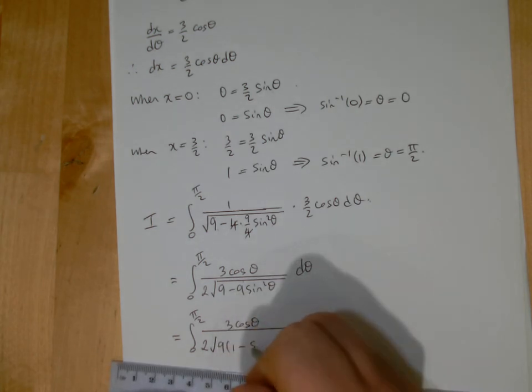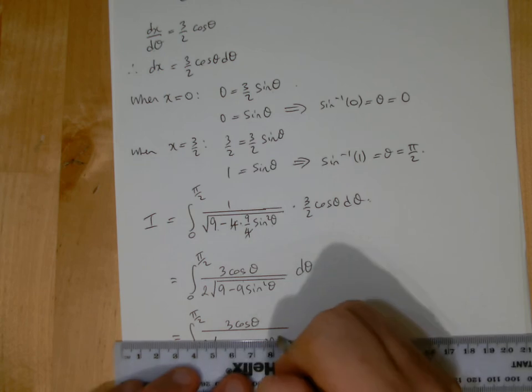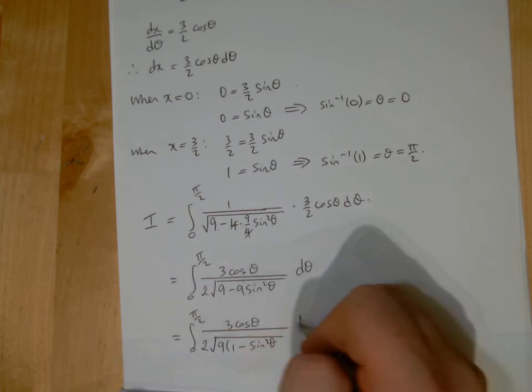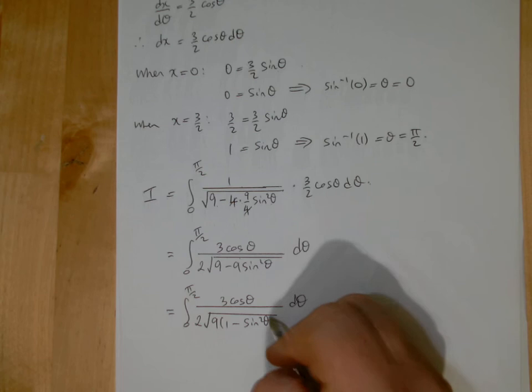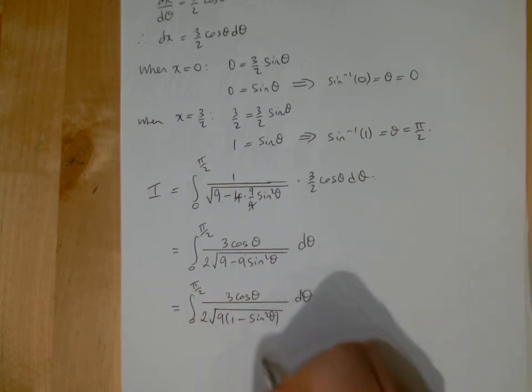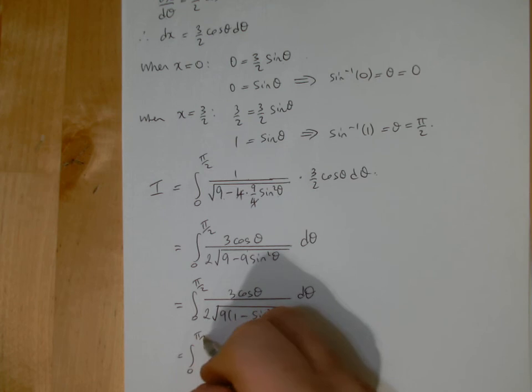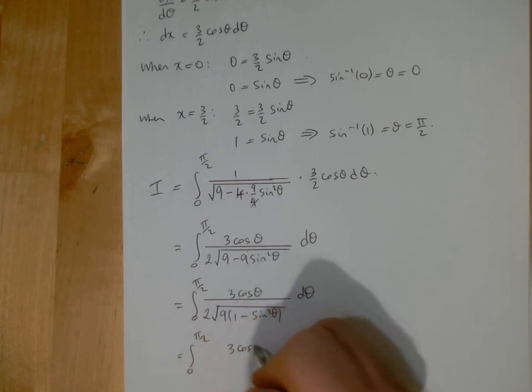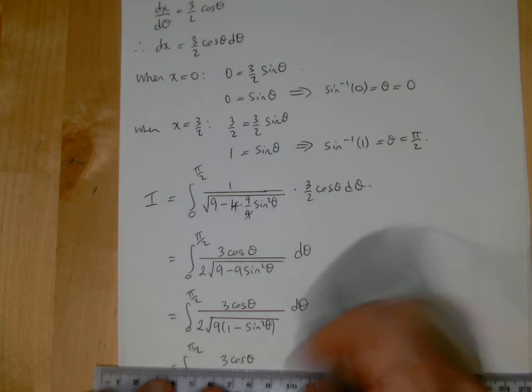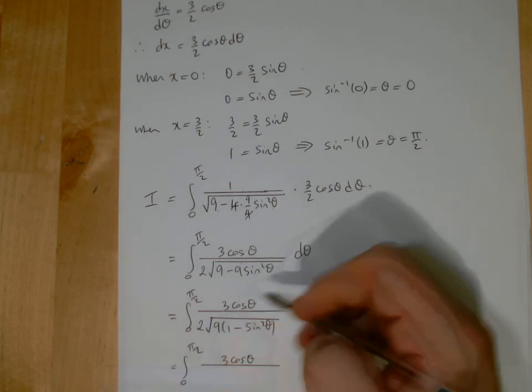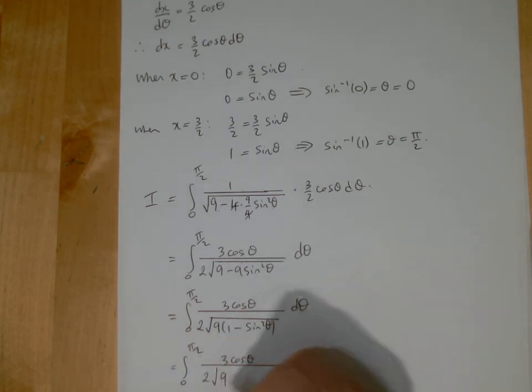And we get 1 minus sine squared theta. Okay. So in that bracket is 1 minus sine squared, which of course we know is just cos squared. So I'll keep the 9 as it is, but that will become cos squared theta.